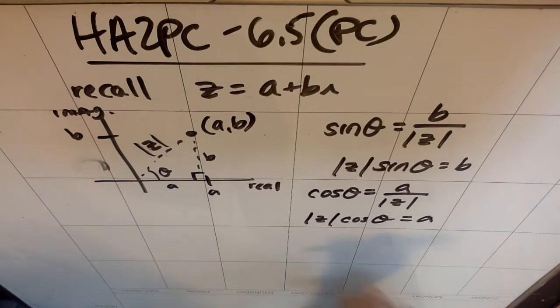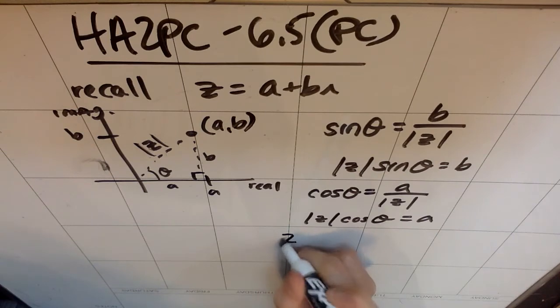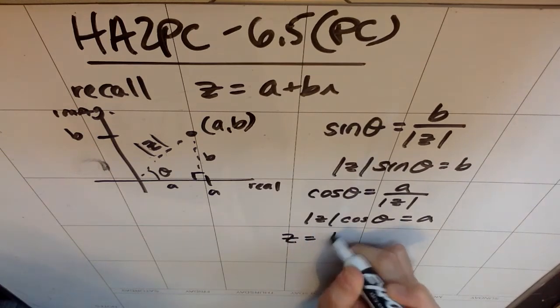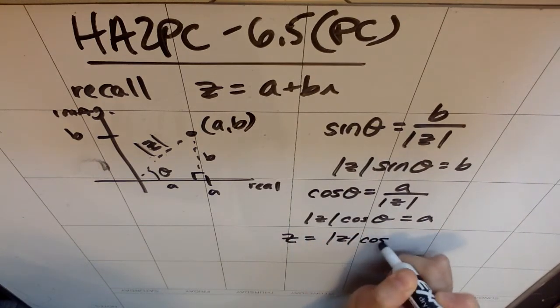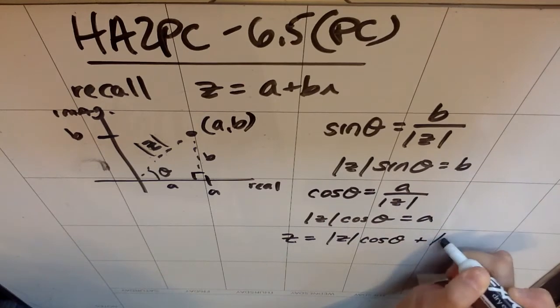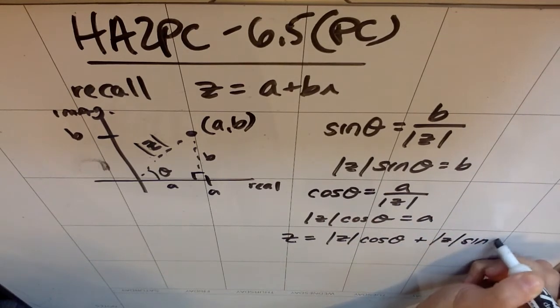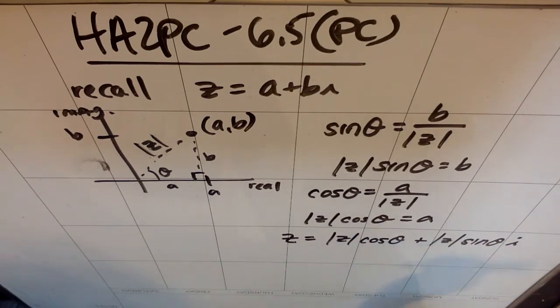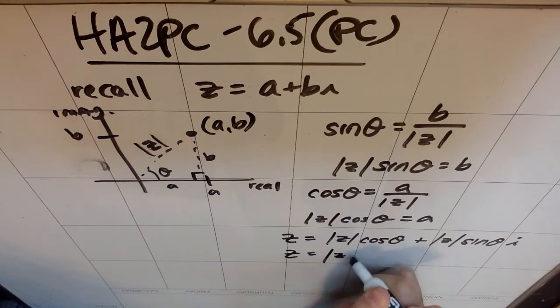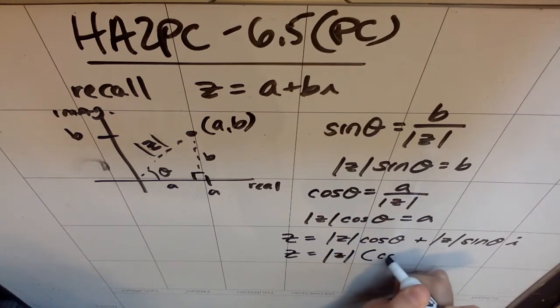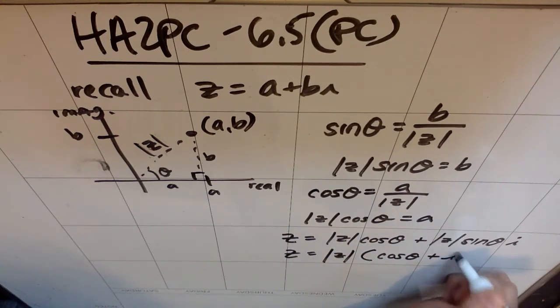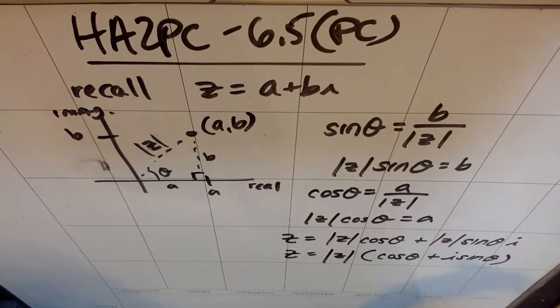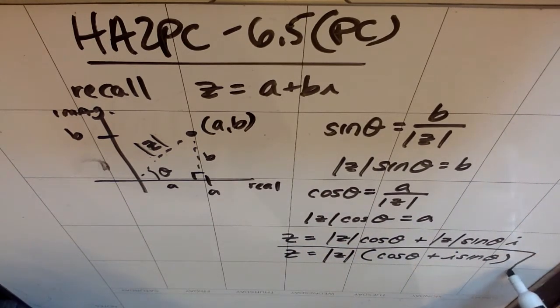So I could rewrite z equals a plus bi as z equals the magnitude of z times the cosine of theta, plus the magnitude of z times sine of theta, times i, because bi. Now, if you factor out that magnitude, because there is a GCF there, it's the magnitude of z times cosine theta plus i sine theta. And this is the trig form for a complex number.